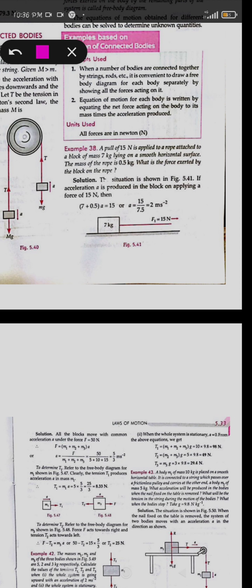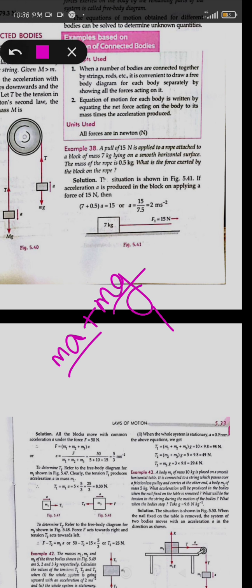So we are taking the force F. This is F, it is acting in this direction, and this will be the weight's direction. Acceleration is produced in the block on applying the force of 15 Newton. So the weight and acceleration are together. The g will be equal to the acceleration itself, because it is not hanging but kept on a smooth surface.